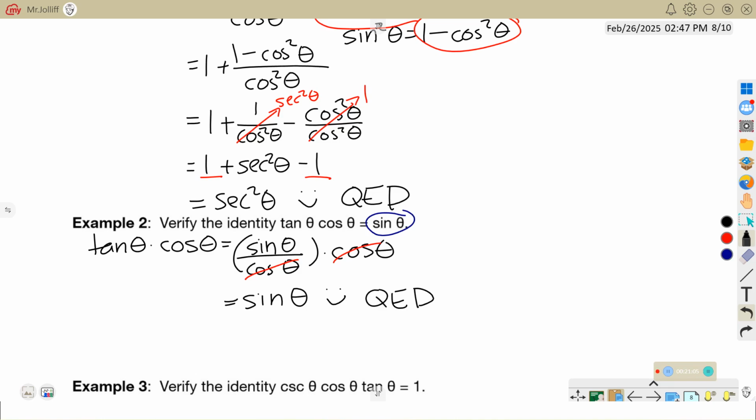The joy with verifying identities, doing mathematical proofs, simplifying trig expressions is that sometimes they take one line. Sometimes they take 3 pages. You won't see anything quite that heinous here, but they can get really, really complex depending on what you're doing.